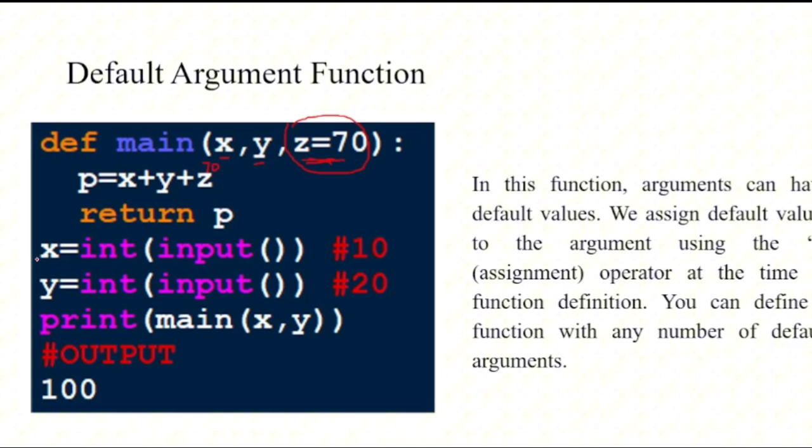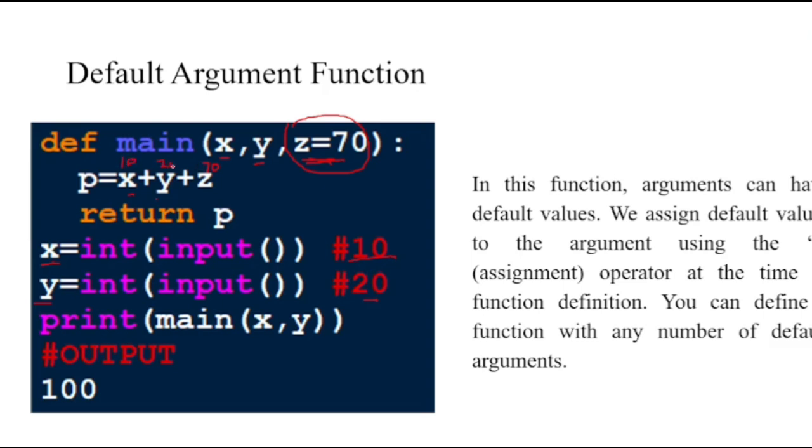But we need to get the values for these other arguments, x and y. So we are requesting the user to input the values for x and y, whereby in this case he inputs 10 and 20. So 10 and 20 is stored here, right?